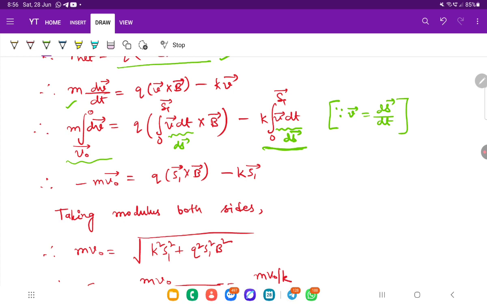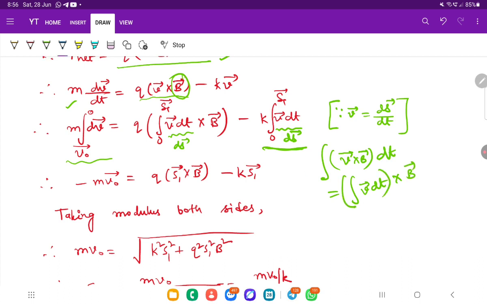And when multiplying dt with the term q v cross B, as B is constant, I mean uniform, whatever is the integral value of v dt, crossed with B, will give the same result. Let me write it here: I am claiming that the integral of v cross B dt is the same as that of v dt cross B.